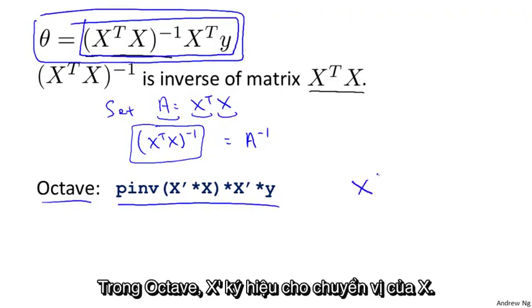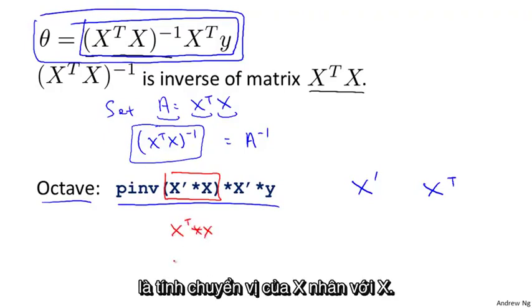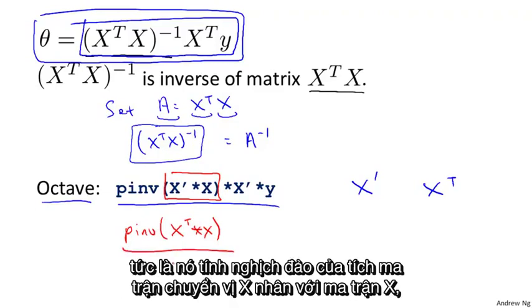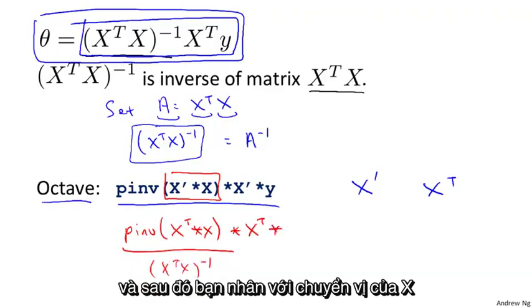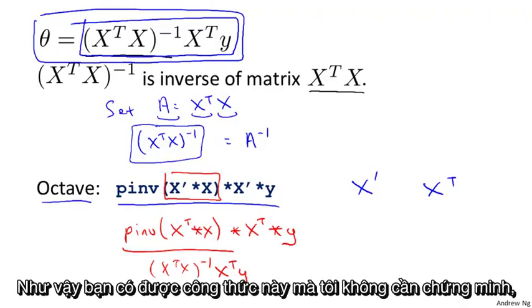In Octave, X prime is the notation you use to denote X transpose, so this expression that I'm boxing in red computes X transpose times X. pinv is a function for computing the inverse of a matrix, so this computes X transpose X inverse, and then you multiply that by X transpose and then by y, so you end up computing that formula.